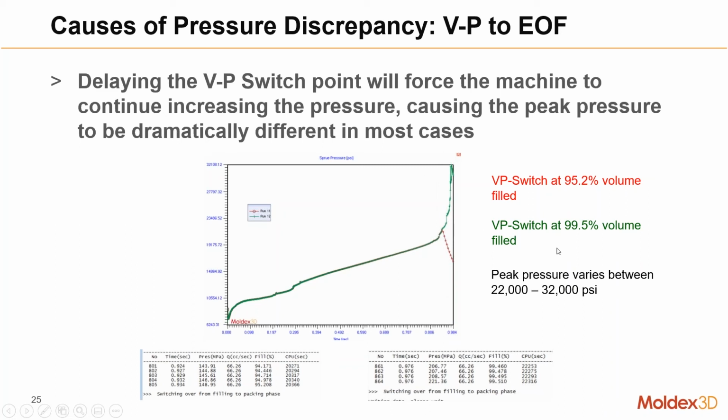You can actually see in this case how two different VP switch points yield very, very different peak sprue pressures. You can see that all the way up until this point, the sprue pressure curves are exactly the same. It's just when we delay the VP switch by another 4%, you can see that the pressure has to increase much, much more.